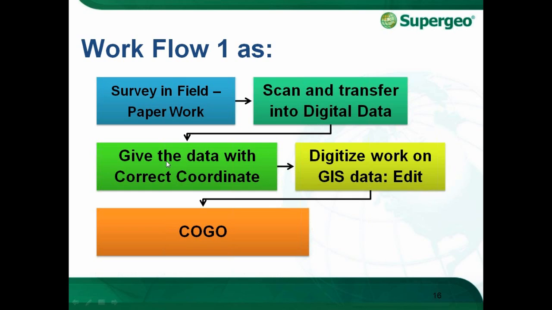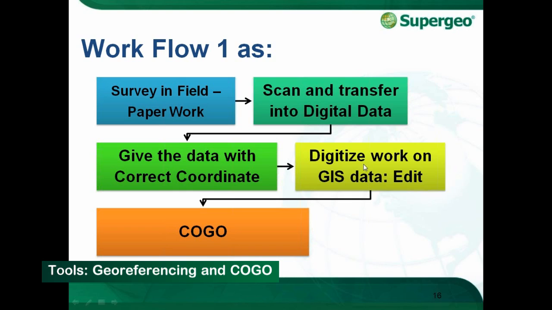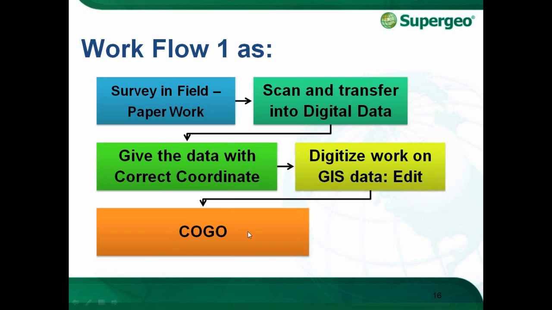After giving the data the correct coordinate, we can start to digitize the work to do some editing on our GIS data. The tool we are going to demo and use in this workflow is called COGO. It's more related to precise mapping.